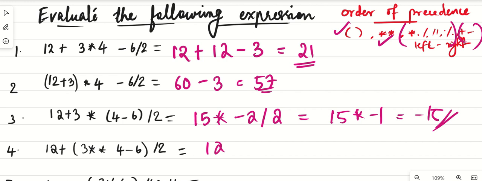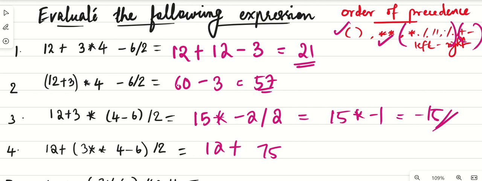12 plus 3 raised to 4. 3 raised to 4 is how much? 27 into 3, 81. 3 3s are 9, 3 3s are 27, 3 3s are 81. 81 minus 6 is 75.